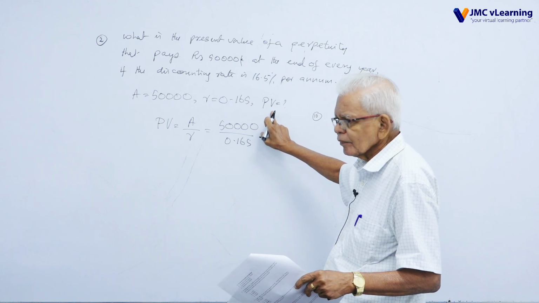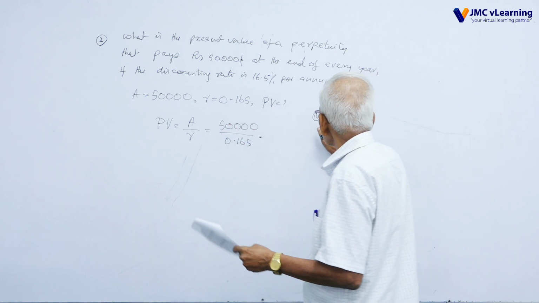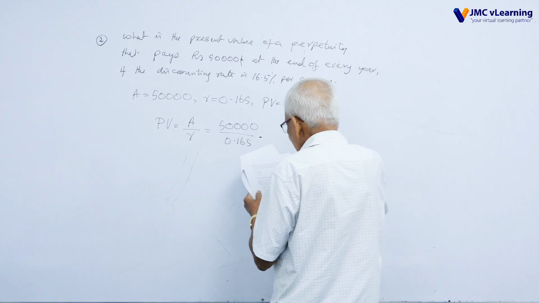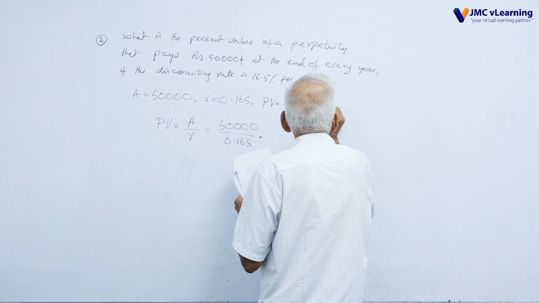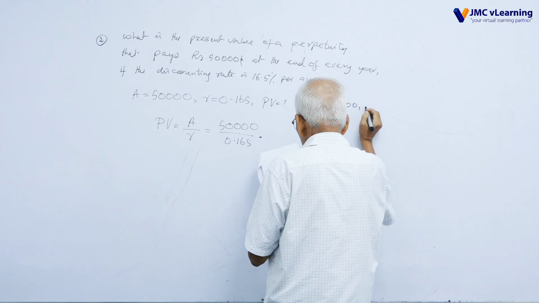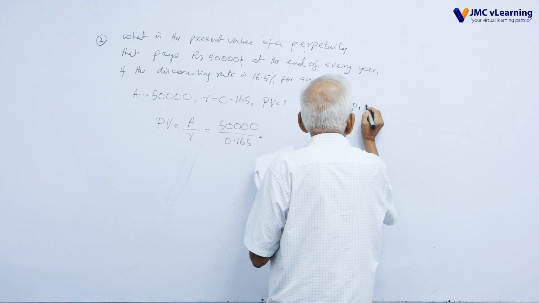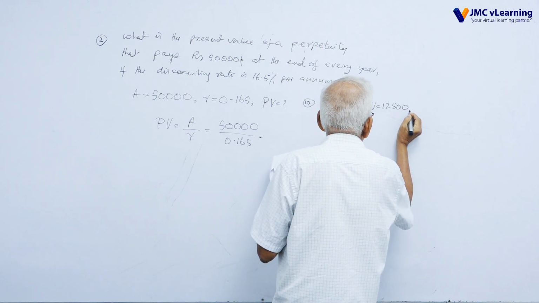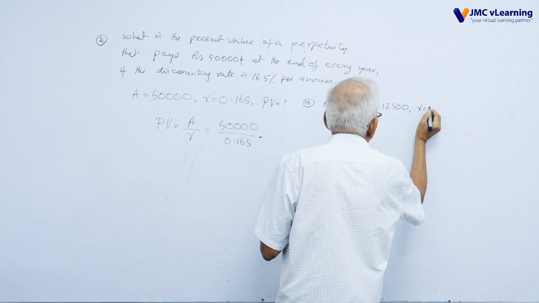How do you find that out? That means R we have to find out. A equals 1000, PV equals 12,500. You have to find out the discounting rate.